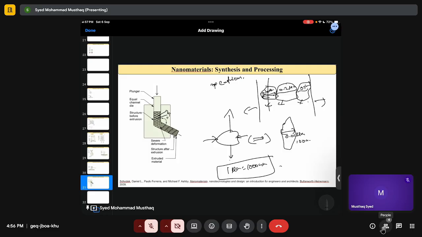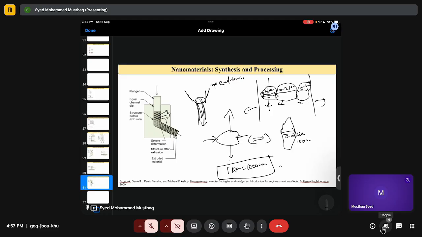extrusion is nothing but you have a small orifice, and from there you deform your material and push it through this orifice. Okay, so that is what we do in extrusion. We extrude the material from a small orifice or a nozzle in a defined shape. So that's how our steel rods are being made, right?